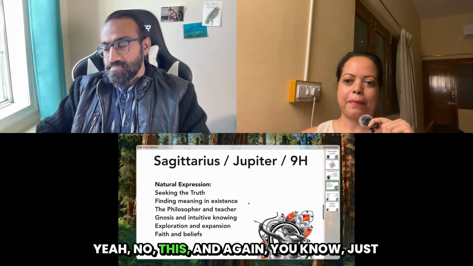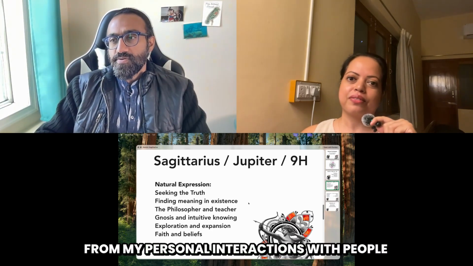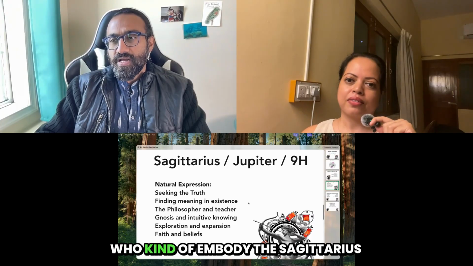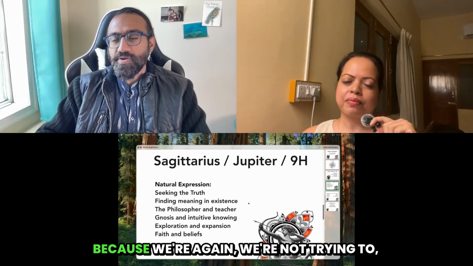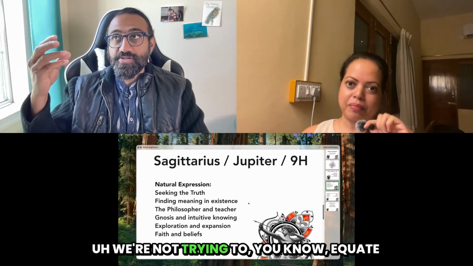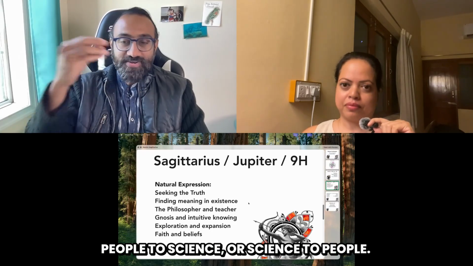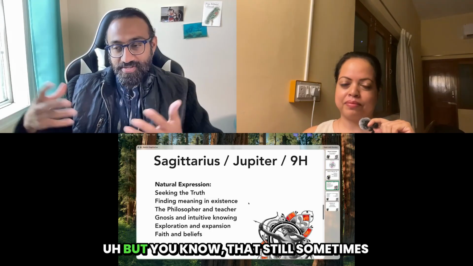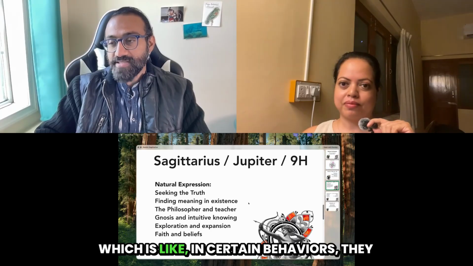Yeah, and again, just from my personal interactions with people who embody the Sagittarius archetype, or in general, because we're not trying to equate people to signs, or signs to people, but that still sometimes happens, because there are some archetypes which really come forth in certain behaviors.